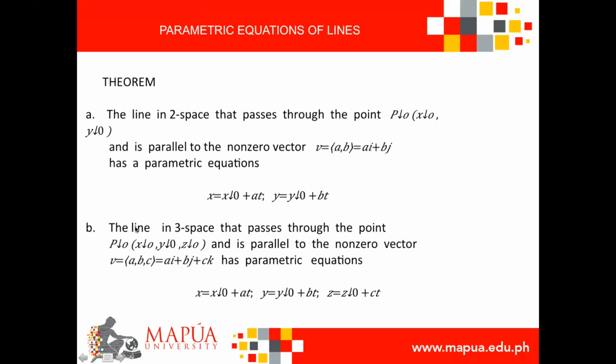Then a line in 3-space that passes through the point P sub 0 at x sub 0, y sub 0, z sub 0, and is parallel to the non-zero vector V = ⟨a, b, c⟩ = ai + bj + ck has parametric equations x = x sub 0 + at, y = y sub 0 + bt, z = z sub 0 + ct. We call these equations the parametric equations of lines.